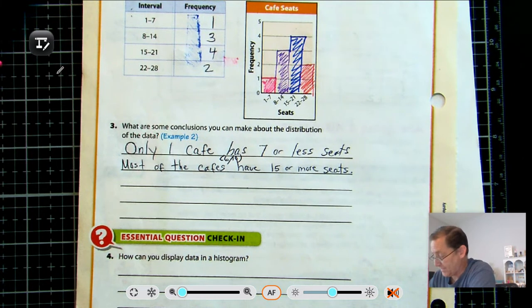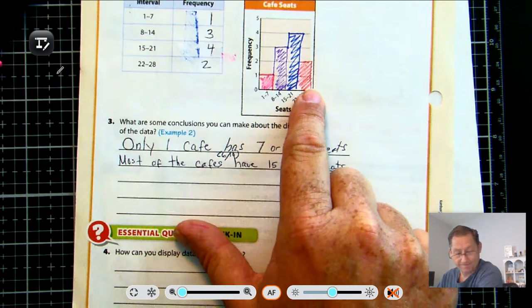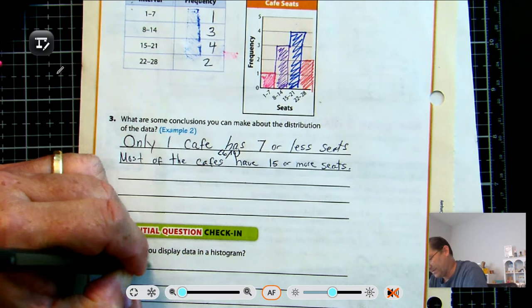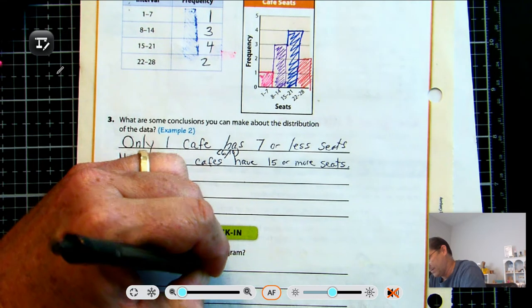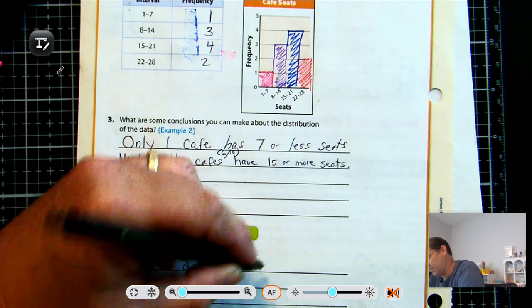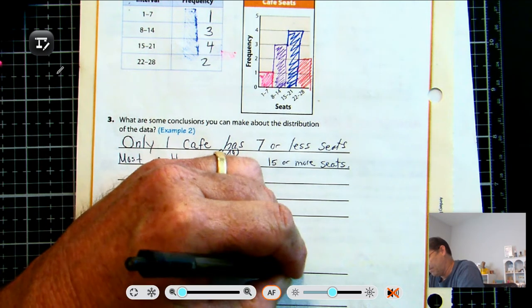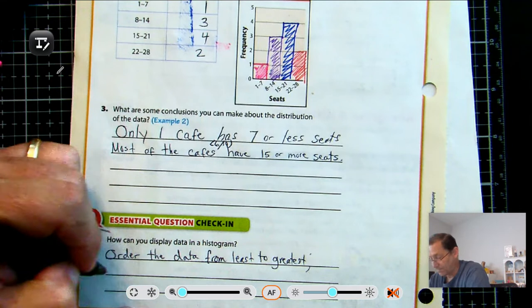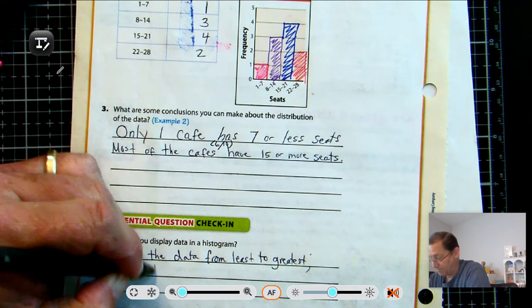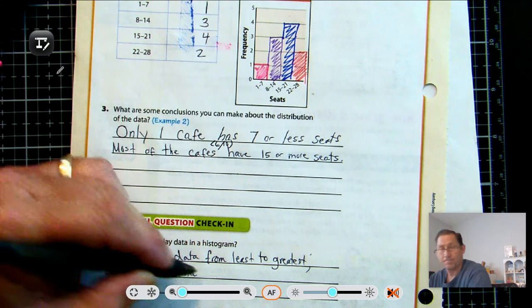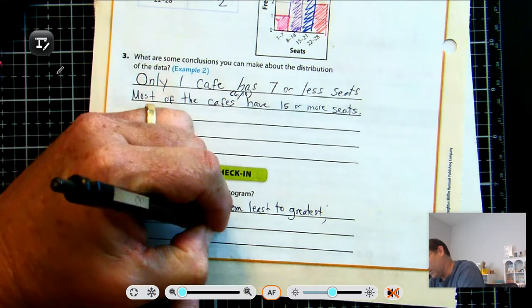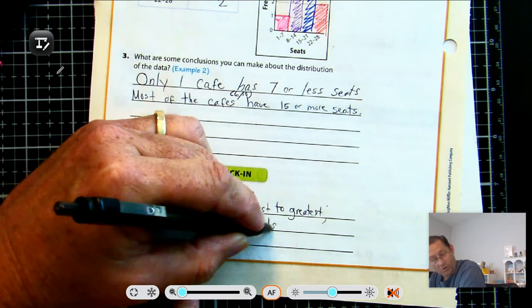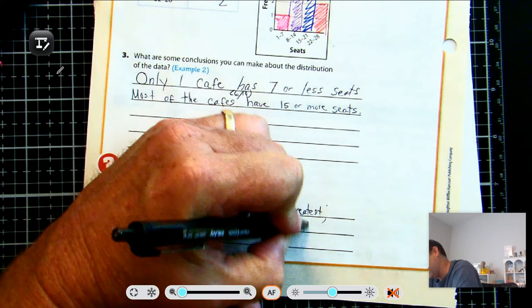All right, number 4, how can you display data in a histogram? Well, we have to put the data in order, right? So order the data from least to greatest. Okay, so after we've organized the data, we're going to put them in intervals, so all the numbers are included.